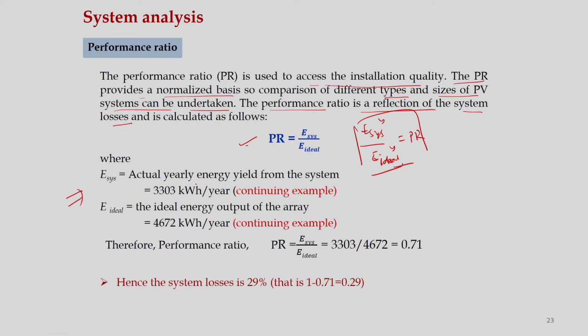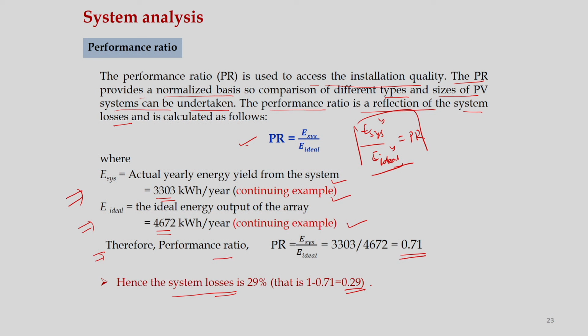This E system is the actual yearly energy yield from the system, which is 3303 kilowatt hour per year, already calculated, and E ideal is the ideal energy output of the array, equal to 4672 kilowatt hour per year, which has already been calculated. Therefore, the performance ratio will be E system by E ideal, which is 0.71. What does it mean? The system losses will be 29%, that is 1 minus 0.71 is 0.29.